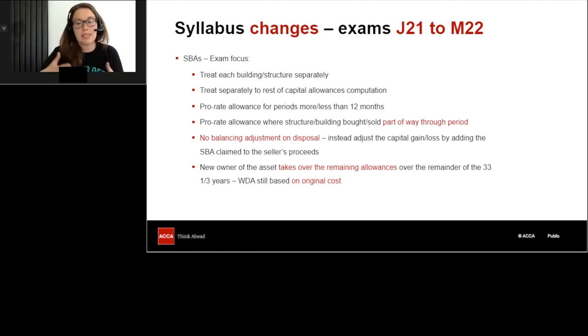So each of them has to pick up on the remaining amount. When the actual transaction happens between each of them, the accountants will be clarifying the information, and HMRC will need to know that somebody else is now the owner of that property and is going to take over the claim of the remaining 33 and a third years.